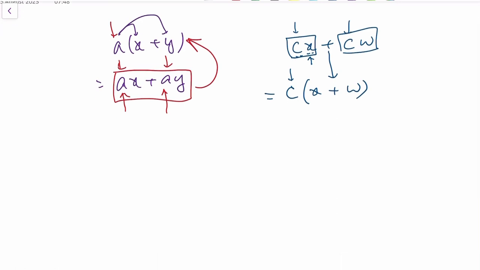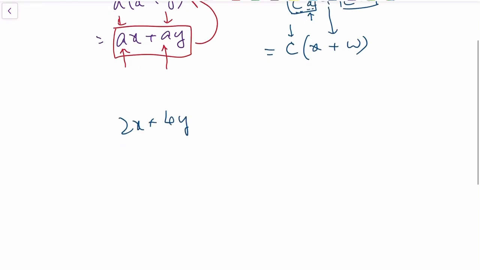Now it is also possible to factor out a number. For example, maybe you have 2x plus 4y. Then you can ask, what is common? Well, it turns out 2 is common, because obviously this is a 2, but also 4 is 2 times 2, so it also contains a 2. Both terms have 2 in them, so we can factor out 2. Then you open a bracket.